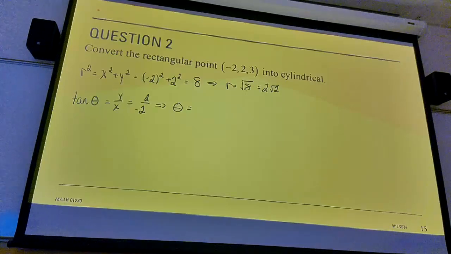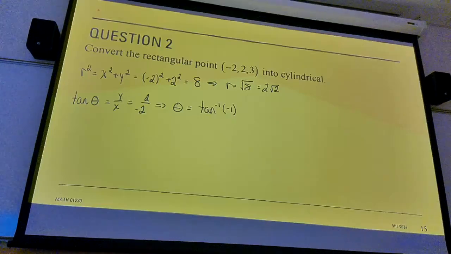What kind of value is that going to give? I hope it's not undefined. Well, no. It'll give you a negative value in the fourth quadrant.